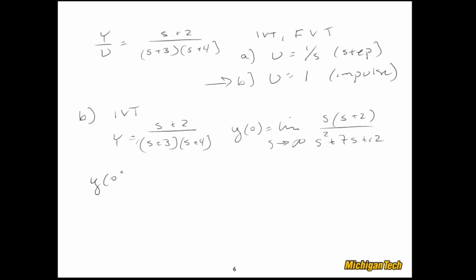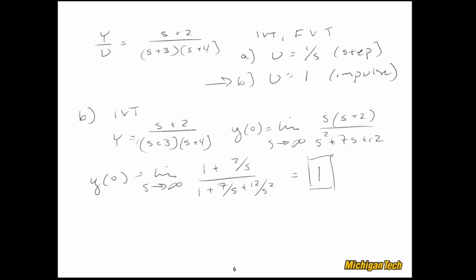We have to do one more step to get this limit. I'll divide everything by s squared. So I get 1 plus 2 over s over 1 plus 7 over s plus 12 over s squared. Now when I let s go to infinity, I can see pretty clearly that I get 1. So the initial value of this system in the time domain is equal to 1.